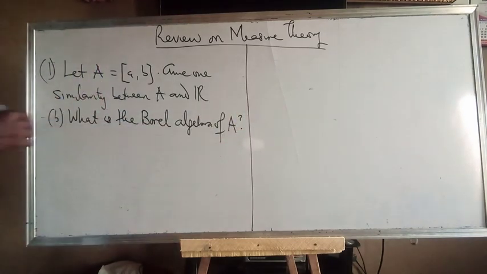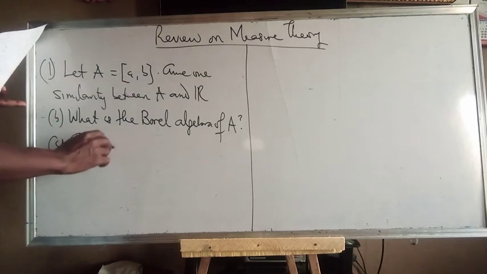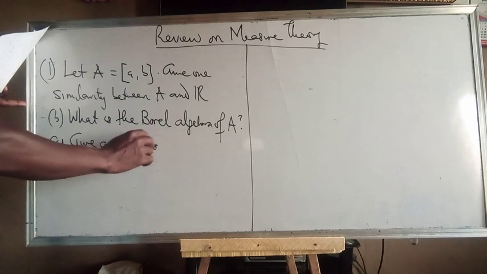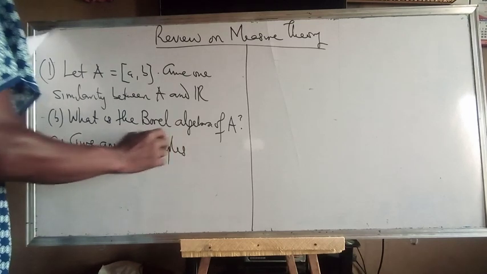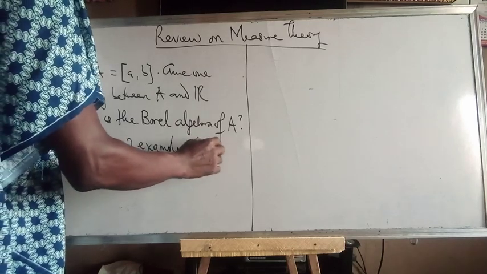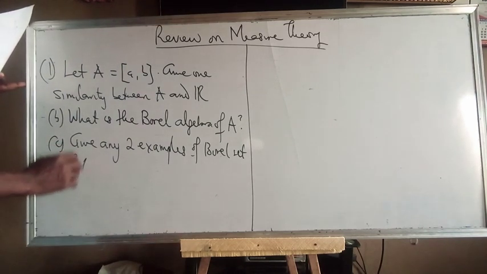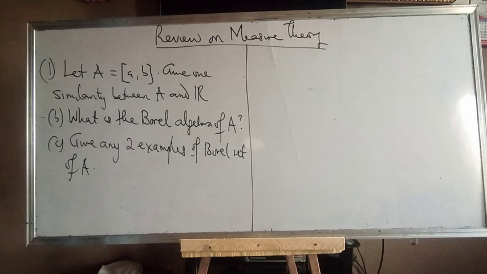And the last question under that one is, give any two examples of Borel sets of A. So these are the questions for number one.